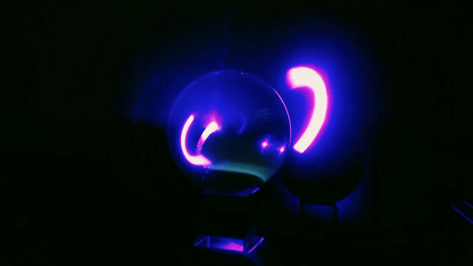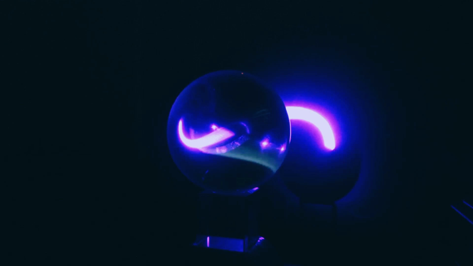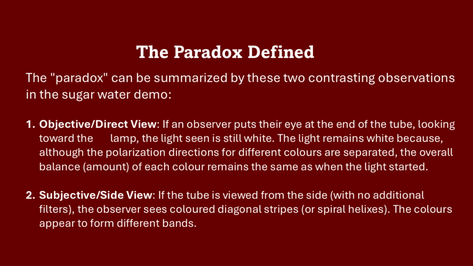According to the sources, there is an apparent color paradox, which is a major point of confusion and discussion among conventional physicists. The paradox can be summarized by these 2 contrasting observations in the sugar water demo. 1. Objective direct view. If an observer puts their eye at the end of the tube, looking toward the lamp, the light seen is still white.